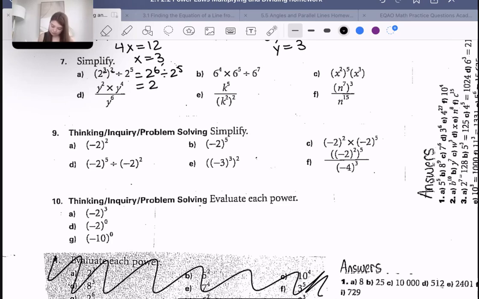Good. Same with problem B. First we need to add the first two exponents to get 6 to the power of 9 divided by 6 to the power of 7. And that would be 6 squared, which is 36. So the answer for B would be 36.